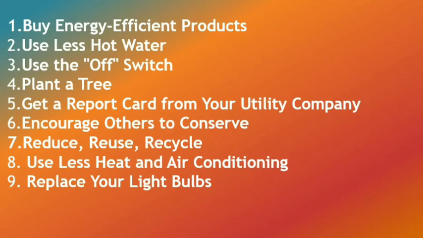Now next is replace your light bulb. Wherever practical, replace regular light bulbs with compact fluorescent bulbs, that is CFL bulbs. Now there is also one more popular option, LED bulbs. So replacing just a 160-watt incandescent light bulb with a CFL will save you $30 over the life of the bulb. CFLs also last 10 times longer than incandescent bulbs, use two-thirds less energy and give off 70% less heat.